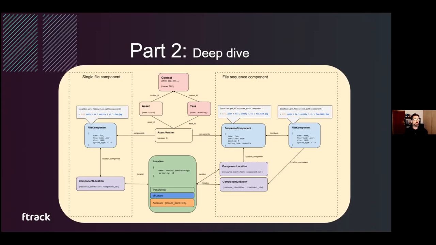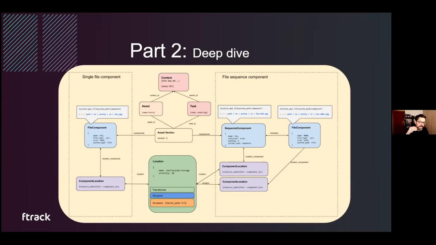So in this case, we have a file component that contains the name, the file type, the size, and the file type itself, which is linked to an entity which we won't be looking much into. This is one of the famous bits that I suggest you look into if you're really curious about location.